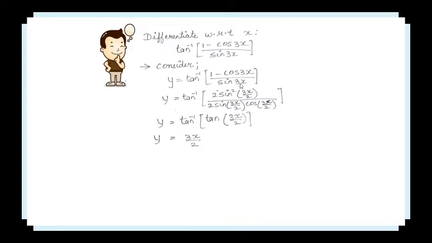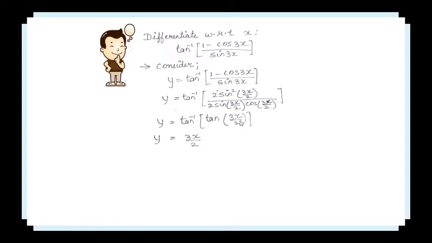And in denominator, sin 2 theta, that is 2 sin theta cos theta. So we will be writing y equal to tan inverse of 2 sin square 3x by 2 upon 2 sin 3x by 2 into cos 3x by 2. So 2 will get cancelled, and from numerator one sin 3x by 2, and from denominator one sin 3x by 2 will get cancelled, and we will be getting sin 3x by 2 upon cos 3x by 2, and that is what?